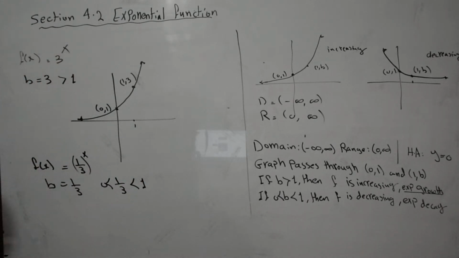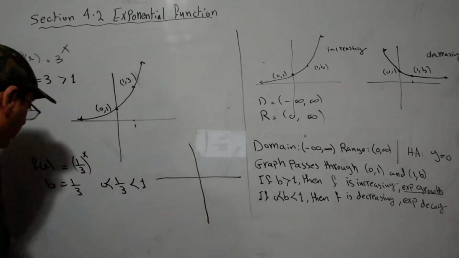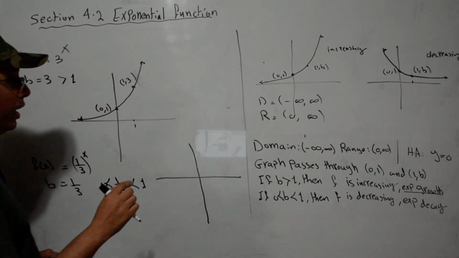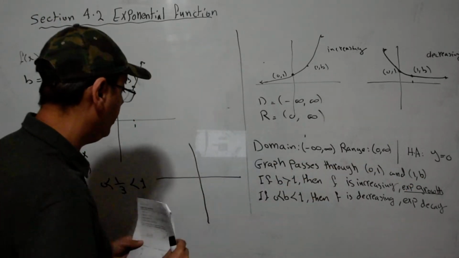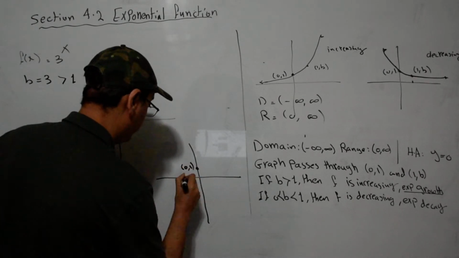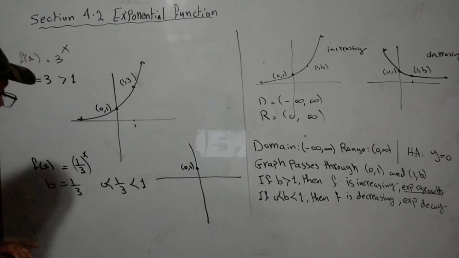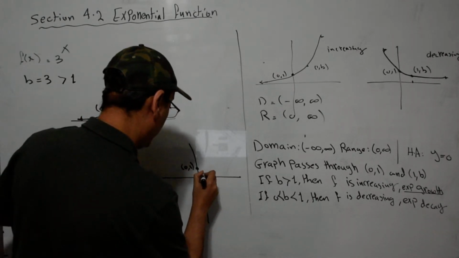How can I graph this function? I'm going to define the 2 points again, (0, 1) and (1, b). So here's (0, 1), and for (1, b), here is 1, and b is 1/3.